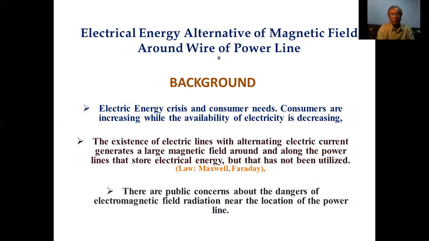Second, the existence of an electric line with alternating electrical current generates a large magnetic field around and along the power line that stores electrical energy, but that has not been utilized. Three, there are public concerns about the danger of electromagnetic field radiation near the elevation of the power line.